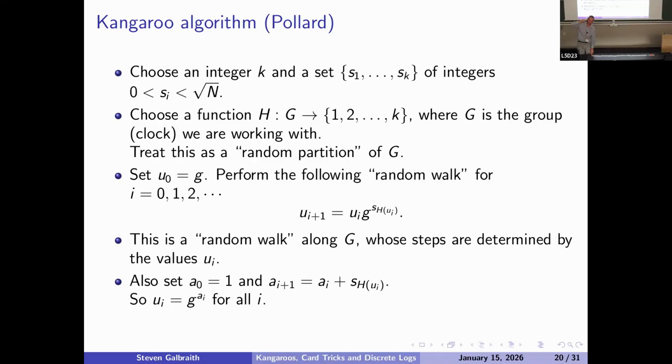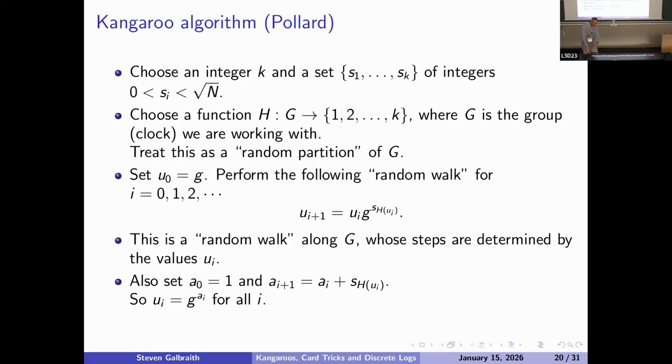And then to get the next group element, I jump by g to the s, and it's the same as adding A1 plus s, right? So the little exponents are being added by the length of the jump, and that corresponds to the group element multiplied by g to the power of that value. So the group elements are changing by multiplying by g to the something, and the somethings in the exponents are getting added up. So like I say, the kangaroos are in the exponent.